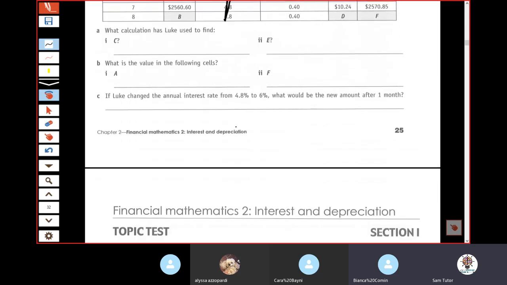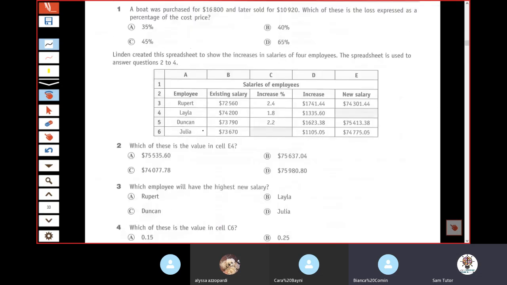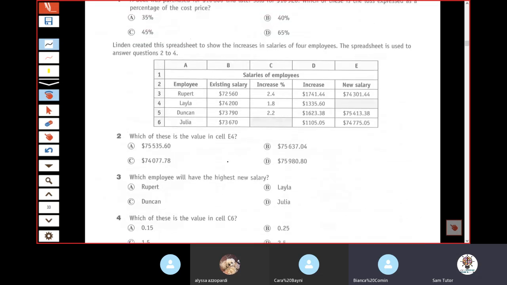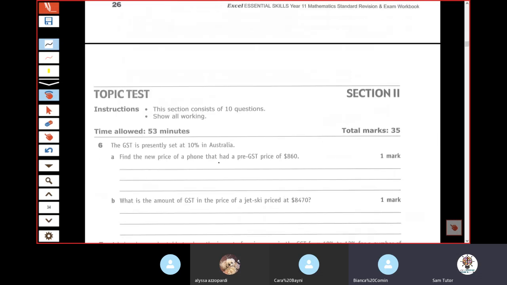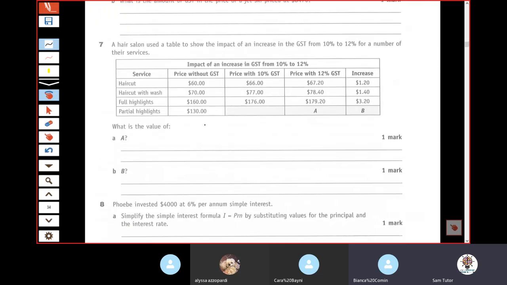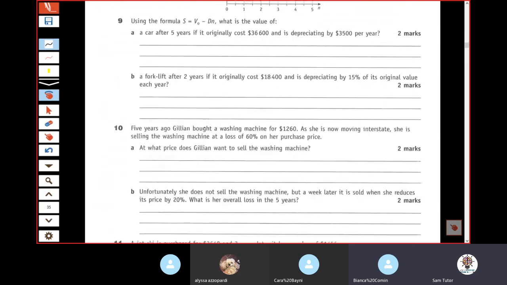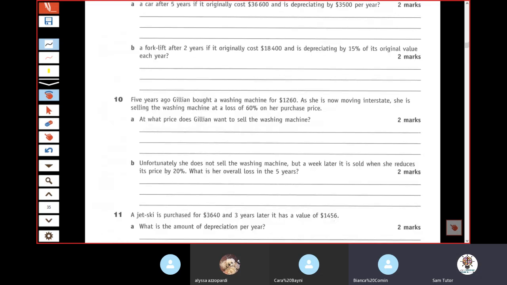Okay. I think that's okay. Let me have a look at one question from here, if I see anything that I like. Yeah, I think question 6 I like. That was pretty straightforward.